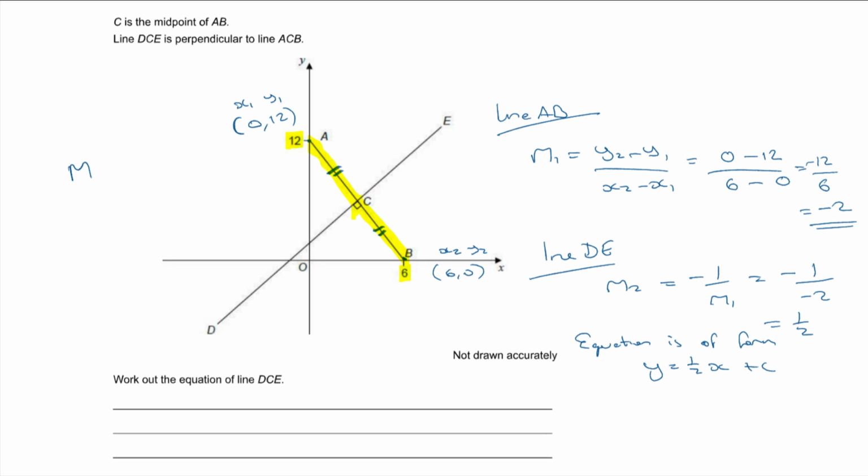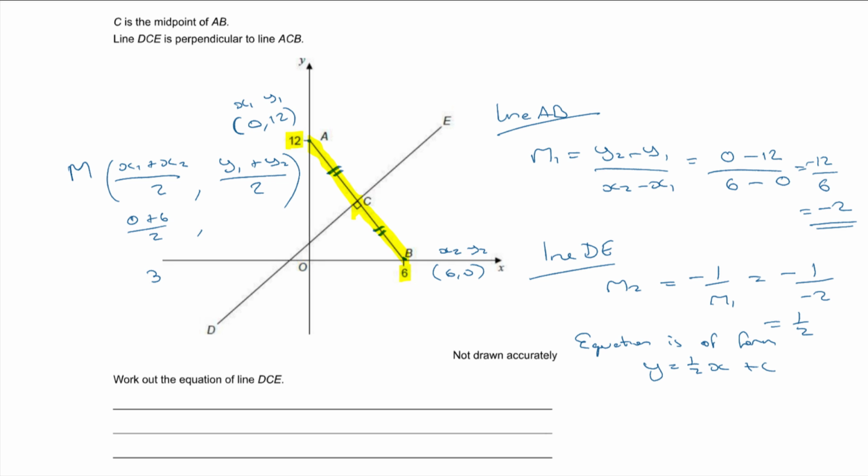That was the other formula I should have written down at the top. You can find the midpoint of the line by averaging your 2 coordinates. So I take my x1 and x2, add them together and divide by 2, and do the same thing with my y coordinates, y1 plus y2 over 2, and that will give me the midpoint, won't it? The x coordinates are 0 and 6, so that averages out to 3.